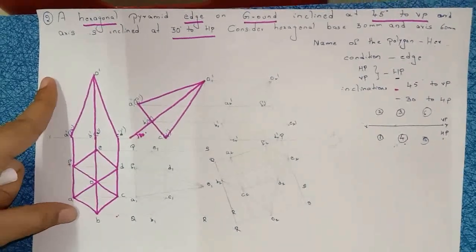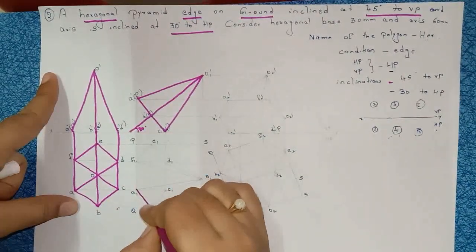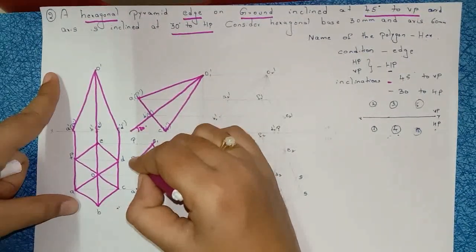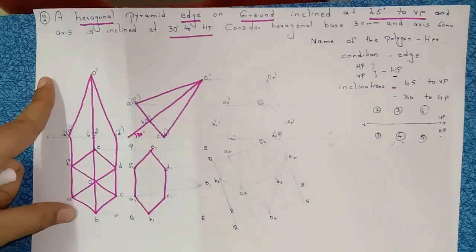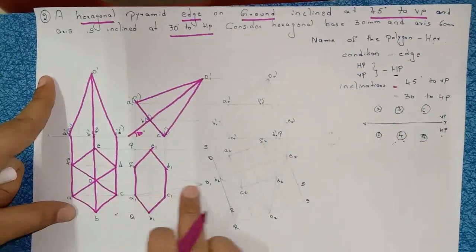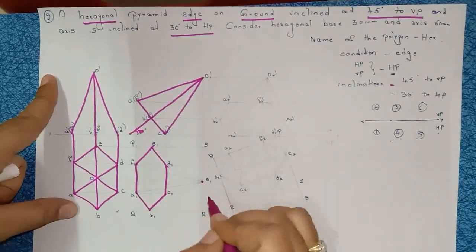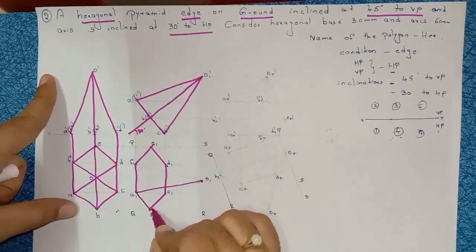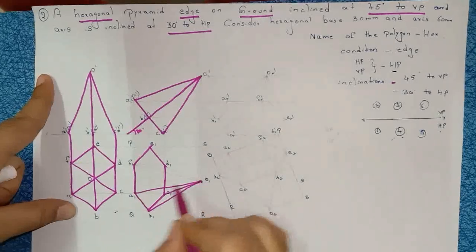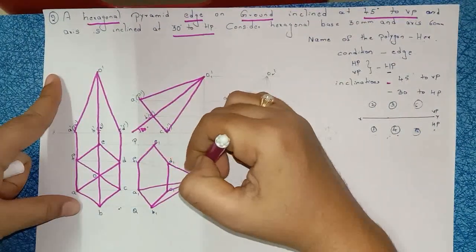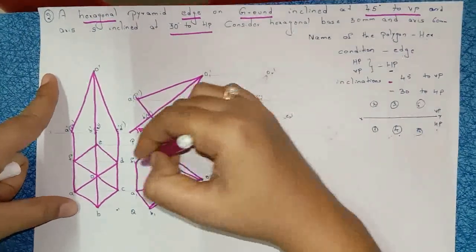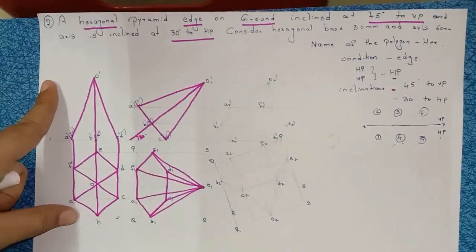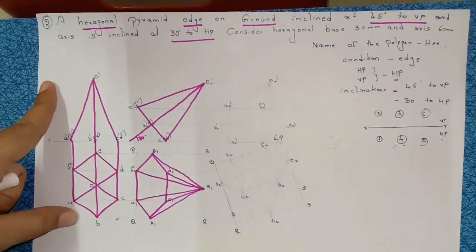If you join A1, B1, C1, D1, E1, F1, you will get the hexagon. Mark the O point here. After drawing, join O to A, O to B, O to C, O to D, O to E, and O to F. This is your hexagonal pyramid.